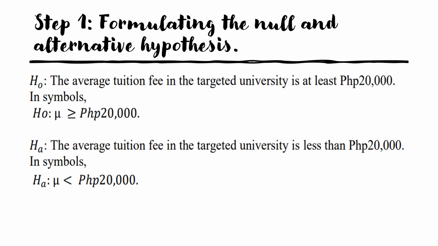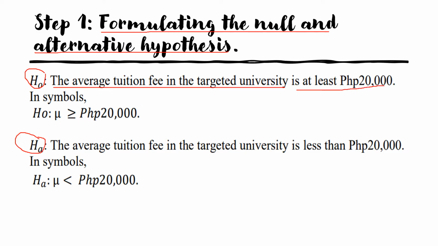So for step number 1, it's about formulating the null and alternative hypothesis. We simply use H0 to represent your null hypothesis, and we simply use Ha to represent your alternative hypothesis. From the given problem, our null hypothesis is that the average tuition fee in the targeted university is at least 20,000 pesos.